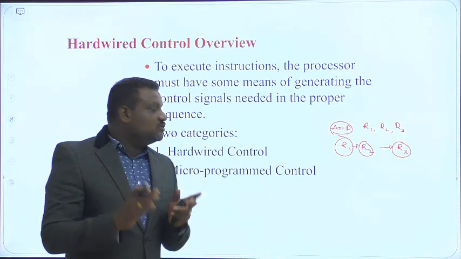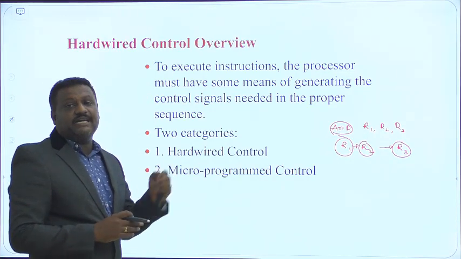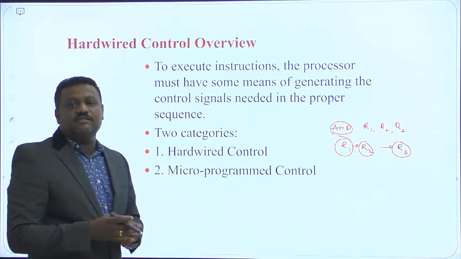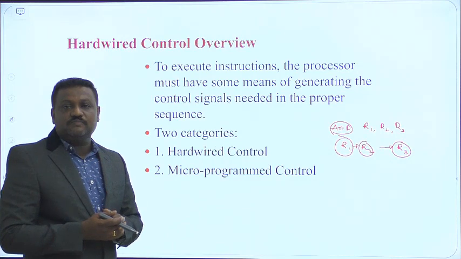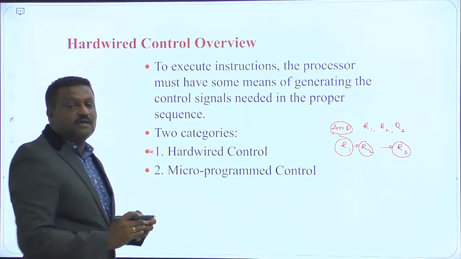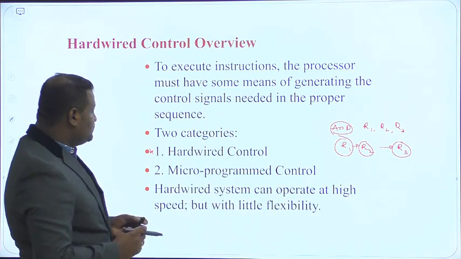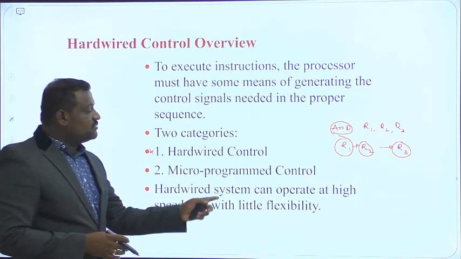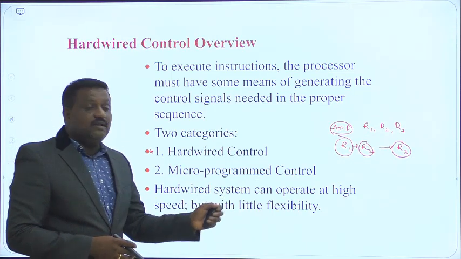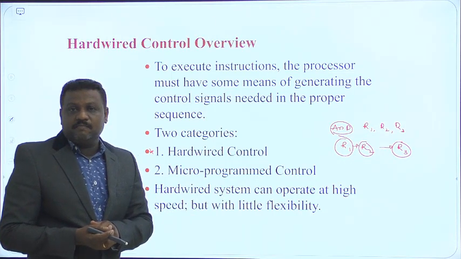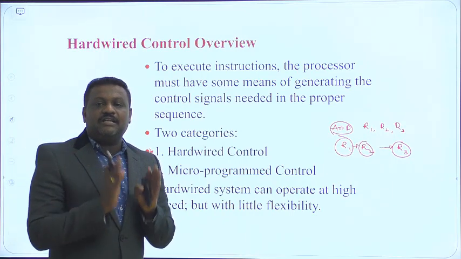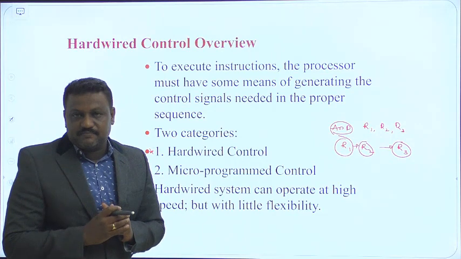So for that, there are two designs for the control unit. There are two categories of control units. One is hardwired control and the second one is microprogrammed control. In this class, I would like to discuss hardwired control. The hardwired control system can operate at a higher speed but with little flexibility. The meaning of this is that the hardwired control unit generates the control signals at a faster rate.